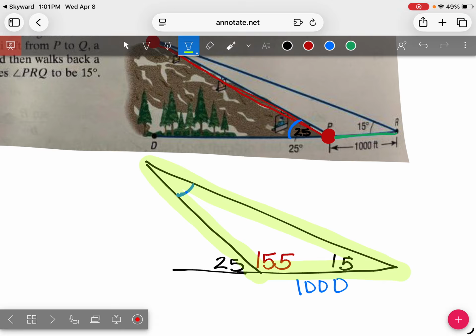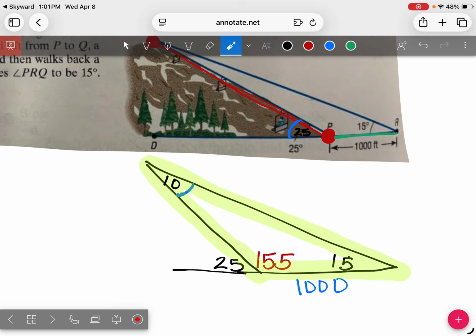So to find the angle at the top, I need to take 180 minus 155 minus 15. Which is going to give me what? What you get? 10.